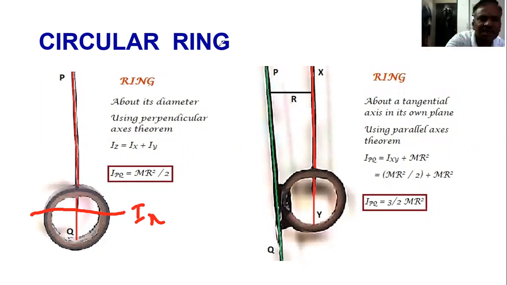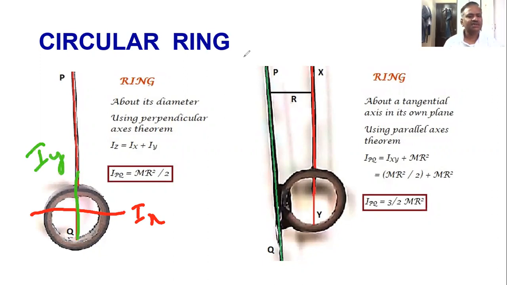If I rotate it in this direction, this will be Iy. Okay, here I'm using the perpendicular axis theorem. The formula for the perpendicular axis theorem is Iz equal to Ix plus Iy. What is Iz?